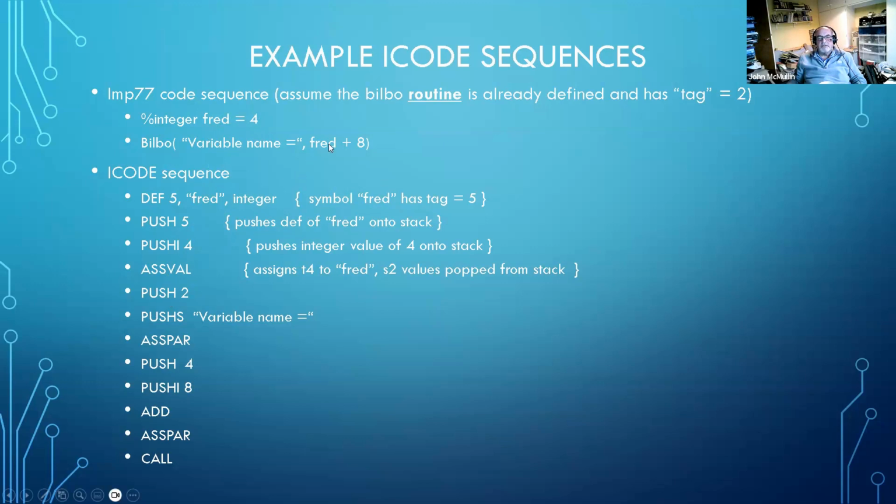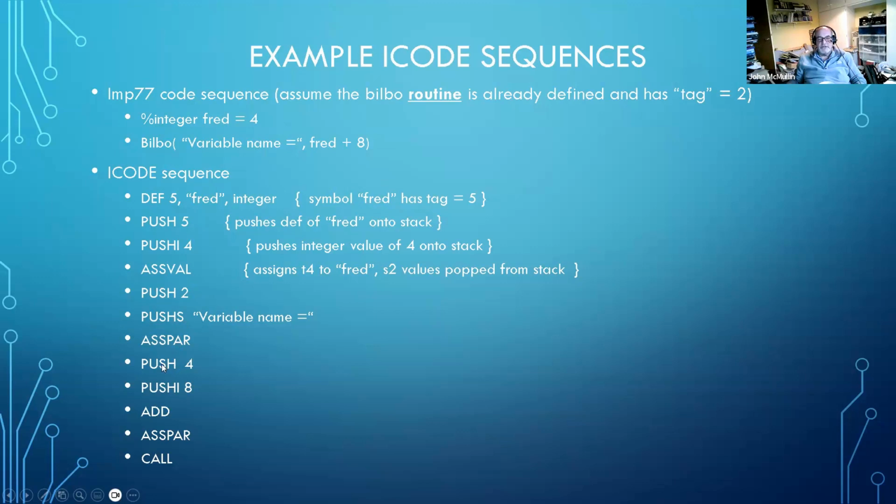Now, another bit here. So Fred has been defined and has the integer value of 4. But now we're going to call up this Bilbo routine. So Bilbo will assume he's got tag number 2. So we're pushing 2. Then we're pushing this string, the variable name equals, and assign that as the first parameter.